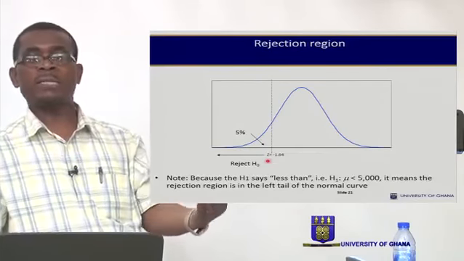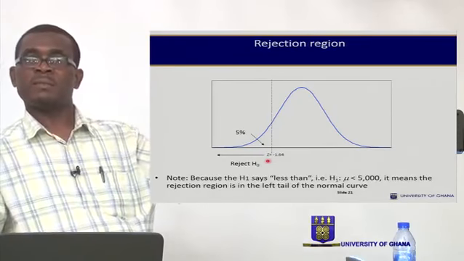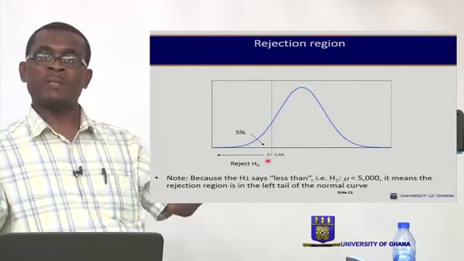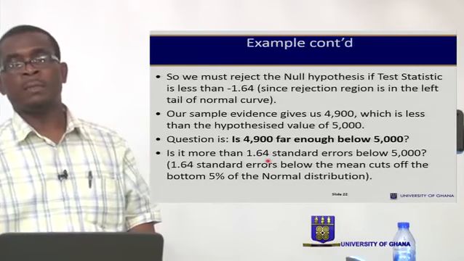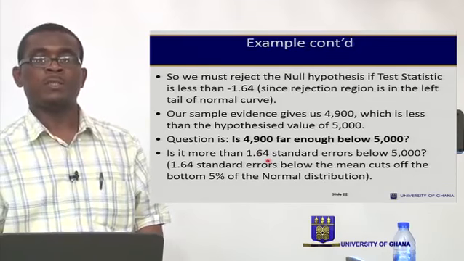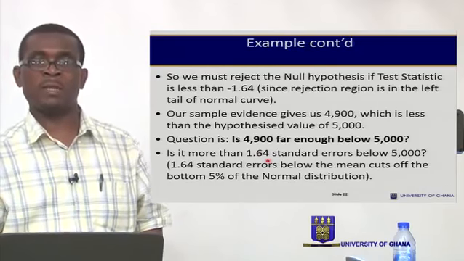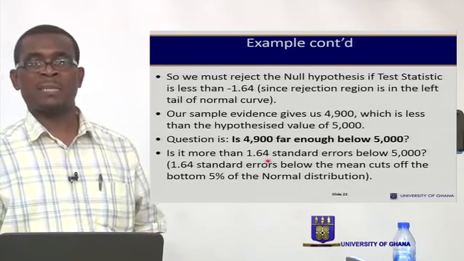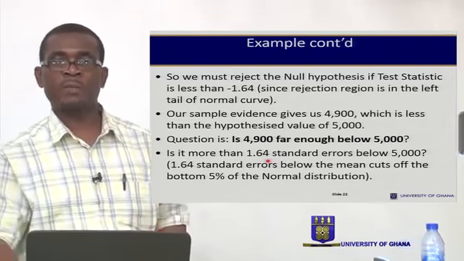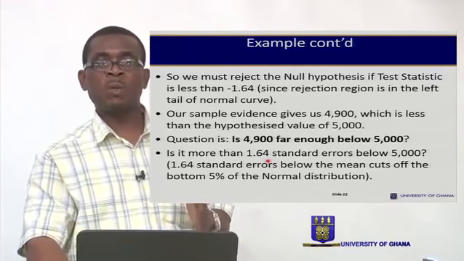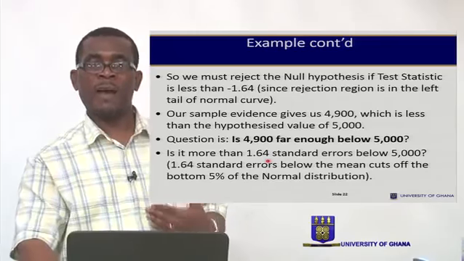If we calculate our test statistic and it is to the left of, or less than, minus 1.64, we have to reject the null hypothesis. Based on our sample evidence, we have the mean of 4,900. The question we want to ask ourselves is, is 4,900 far enough below 5,000? In other words, is it more than 1.64 standard errors below the 5,000?